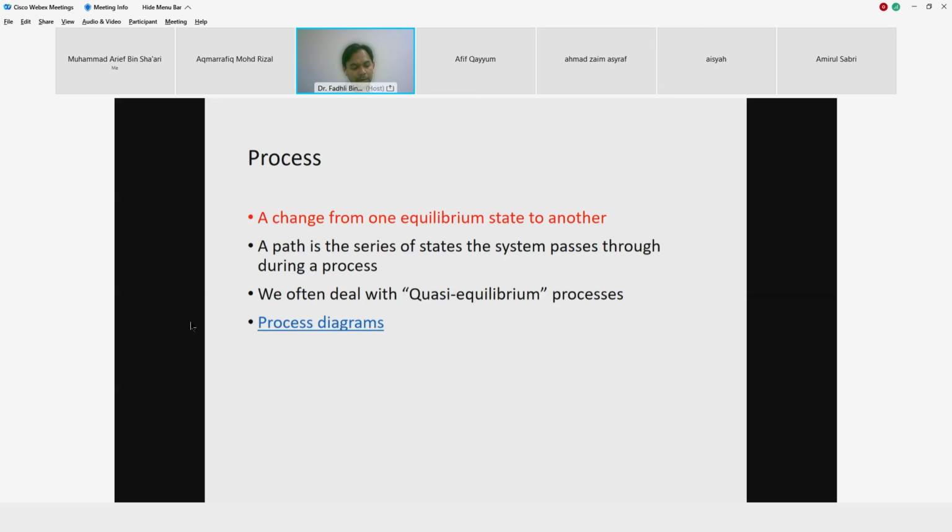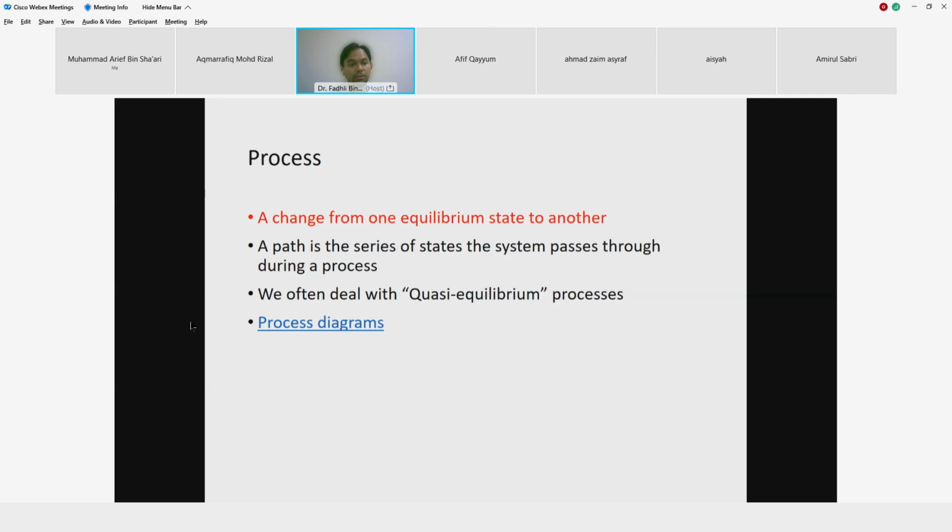The process means that once your room moves from one position to another position, it is called a process. A change from one state to another state. That is a process. So process 1 to 2.